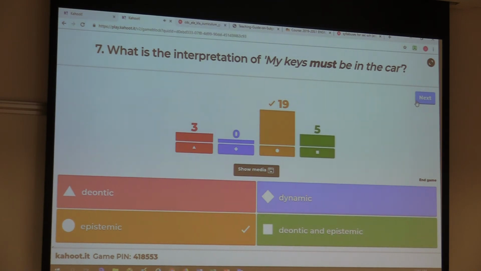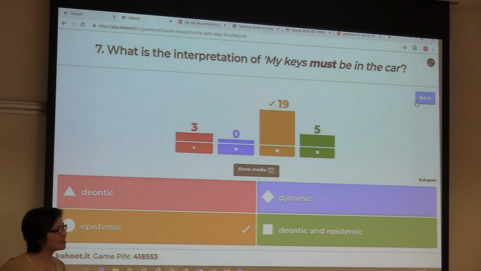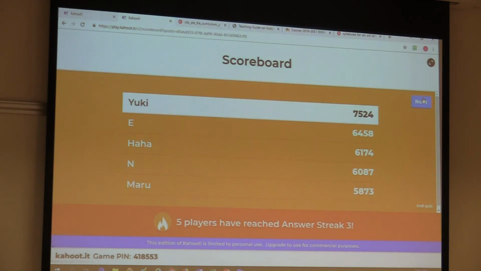Got it correct? My keys must be in the car. I can't find them here. They must be there. Possibility, epistemic meaning. Okay, some more about modal verbs coming.